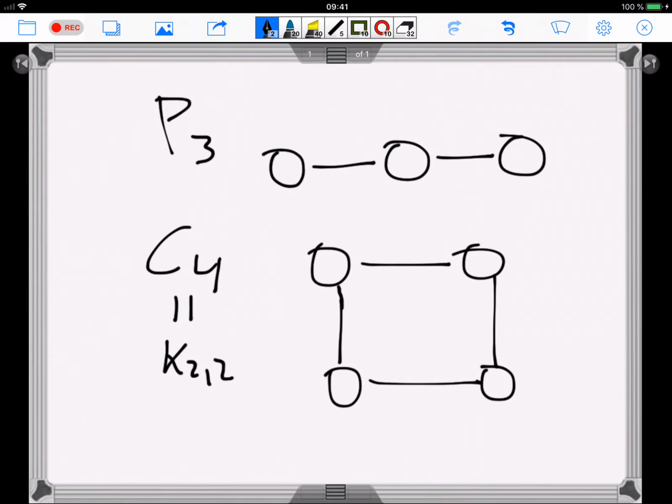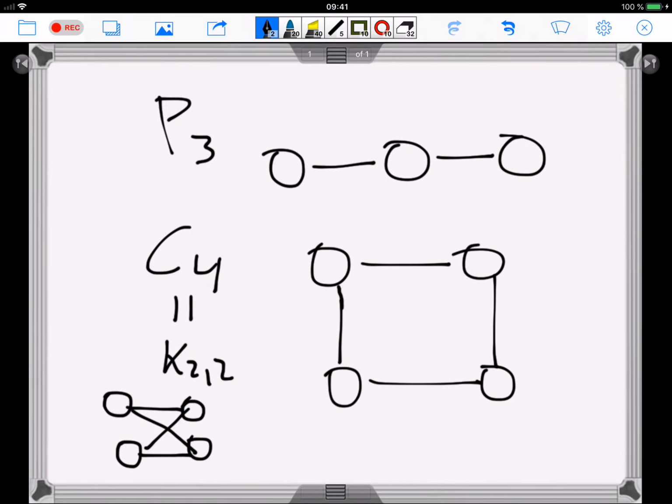Okay, remember that I can also draw this graph if I change the position of the vertices in this way. Remember that this is the example that we used in order to show that this graph here is indeed bipartite, when we studied a few slides back the concept of bipartite graphs.